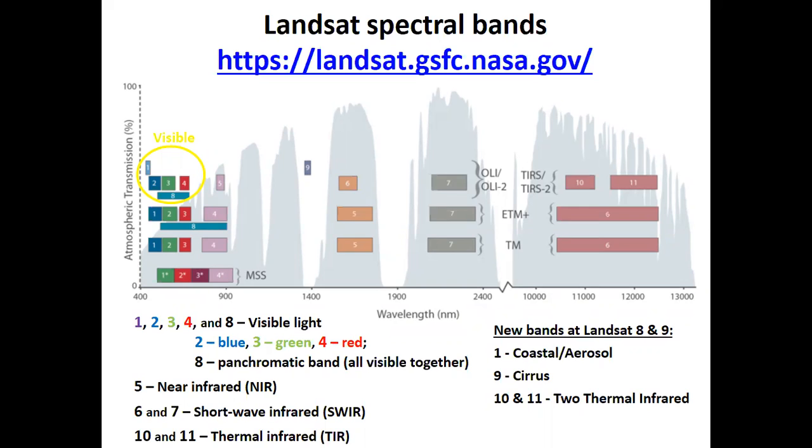Then you also see that practically all satellites, starting from the very first Landsat satellite, have been equipped with the so-called near-infrared detector. The abbreviation is NIR.